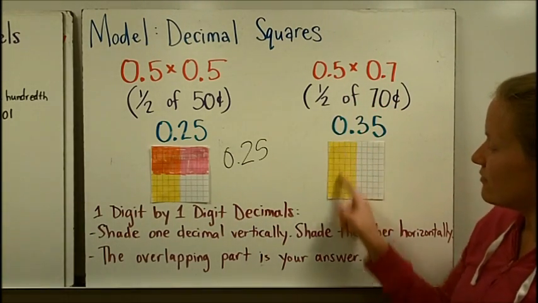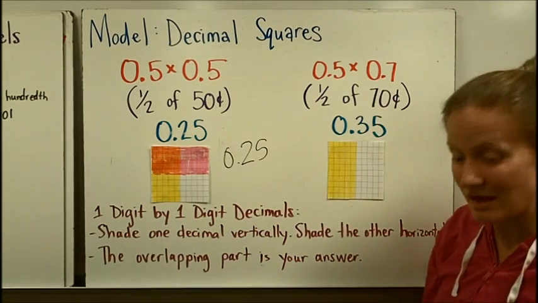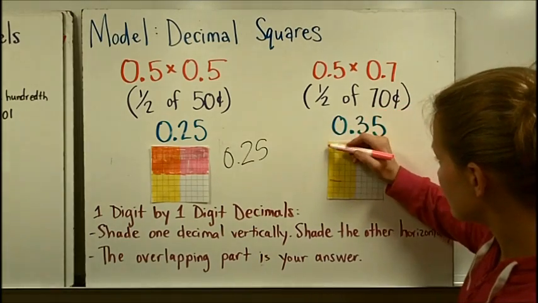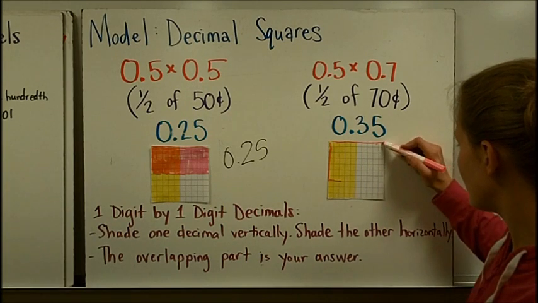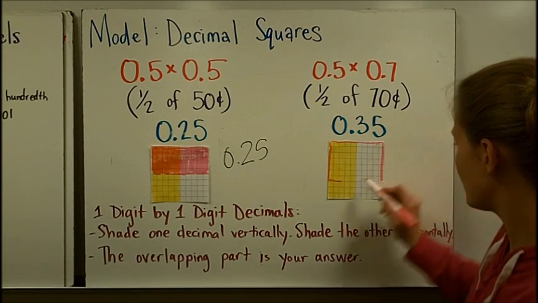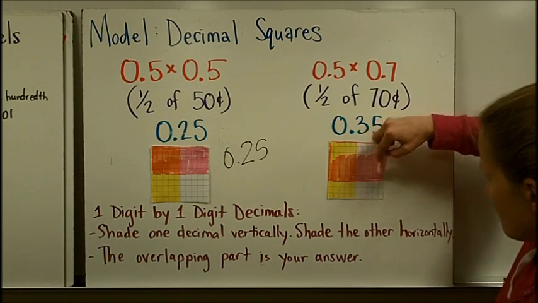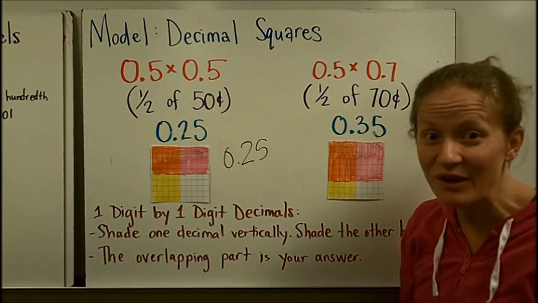So I already did the 5/10, 5 rows going vertically. Now I'm going to shade in 7 rows horizontally. Let's find our answer.